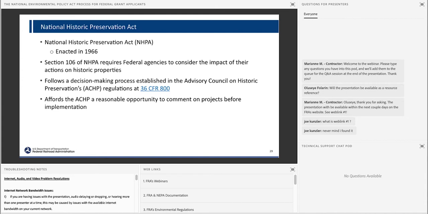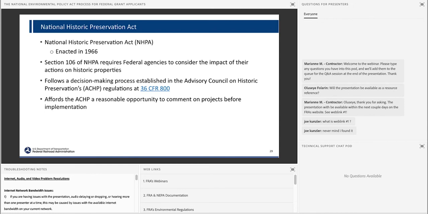We need to understand if, given the age of the infrastructure, a bridge that you're working on is historic, even though it may very easily fit into a category in a CE that we've mentioned many times in 771.116. It is really important to know what types of other environmental reviews apply, in particular, like the National Historic Preservation Act. So before I talk too much about our expectations and some of the tools we have to go through the historic preservation reviews, I want to just explain a little bit of what it is.